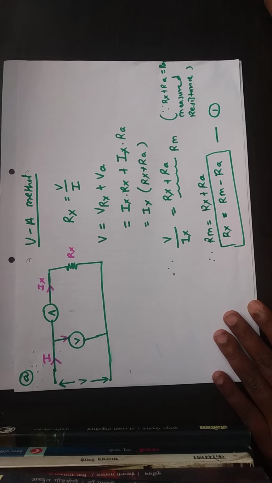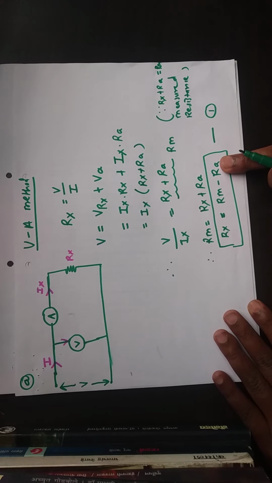This equation gives some important results. The unknown resistance Rx is the same as the measured resistance Rm if and only if the ammeter resistance Ra is 0.